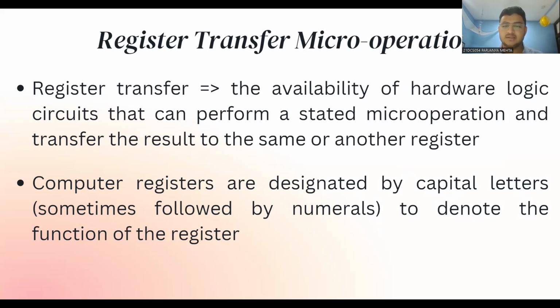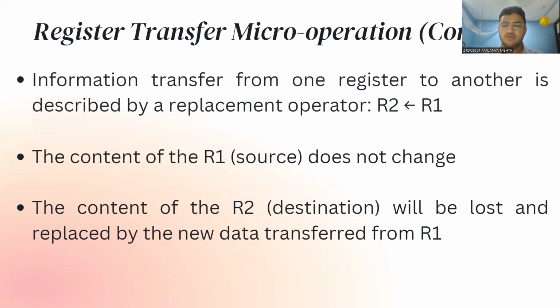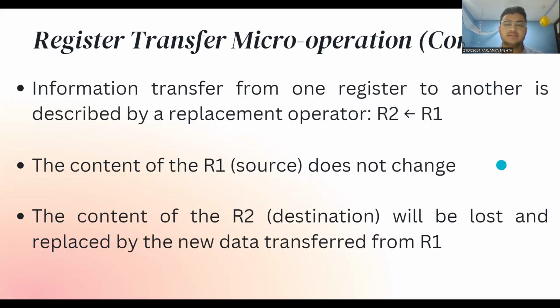The computer registers are designated by capital letters to denote the function of the register, for example, R1, PR, etc. The information transfer from one register to another is described by a replacement operator. This arrow operator is called the replacement operator. Here, this expression indicates that the data present in the register R1 is being transferred to the register R2.